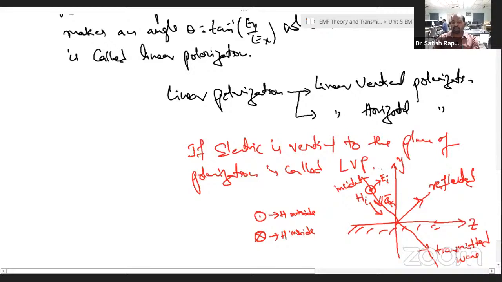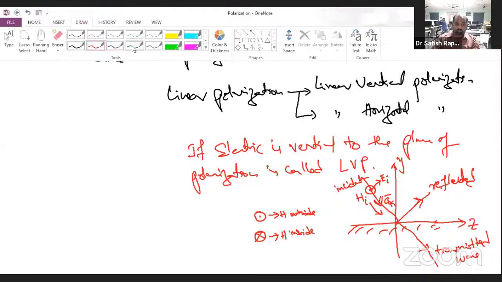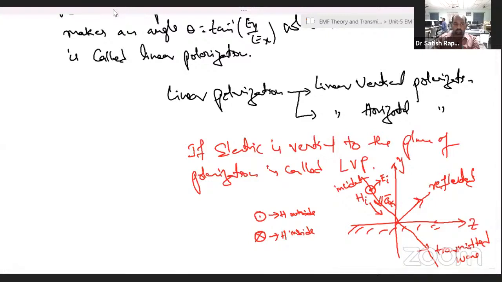In this case, the electric field and the plane, right? See here, this is the plane in the background.